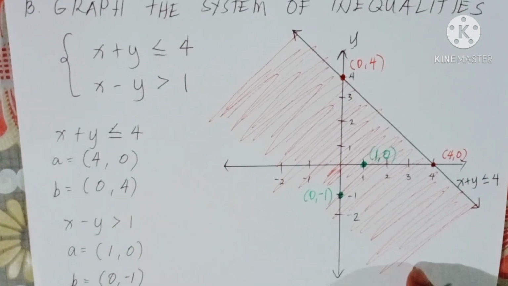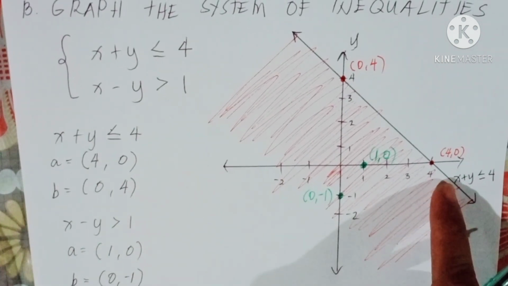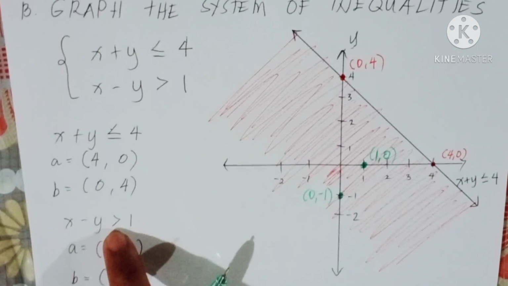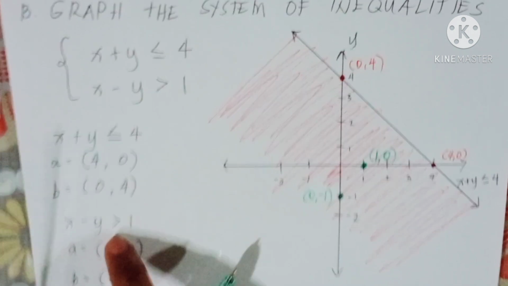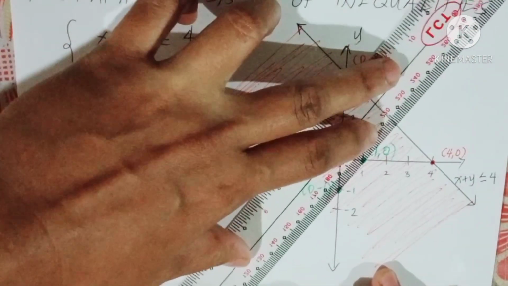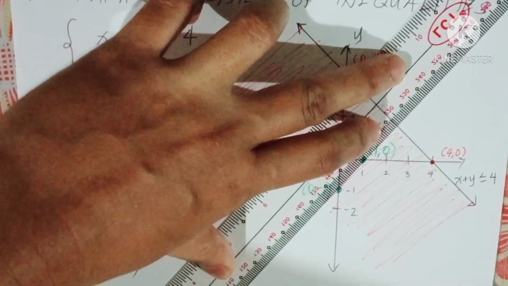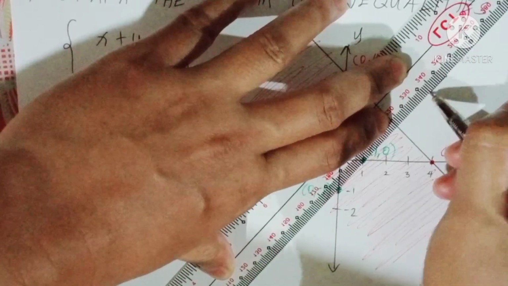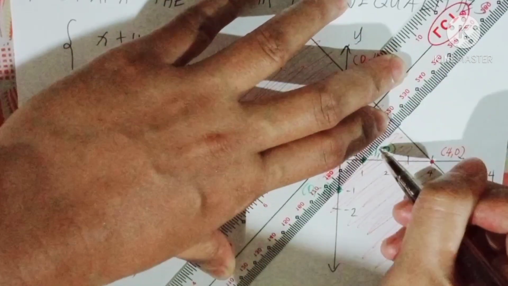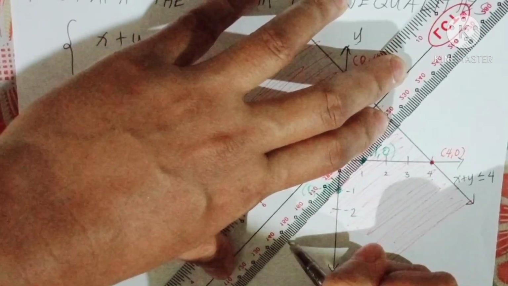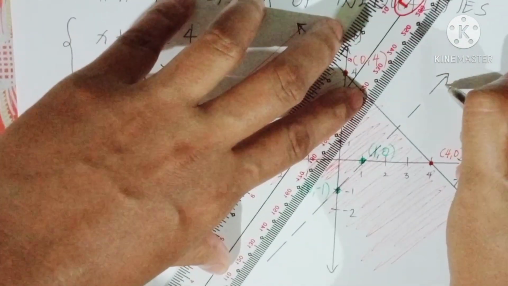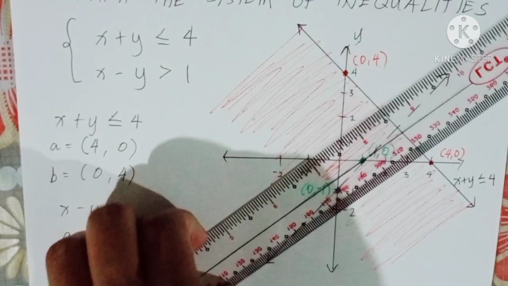So what boundary line are we going to use? We use broken, because this is only greater than. So we connect and we use broken lines. So extend your lines, draw a double arrow on both sides.